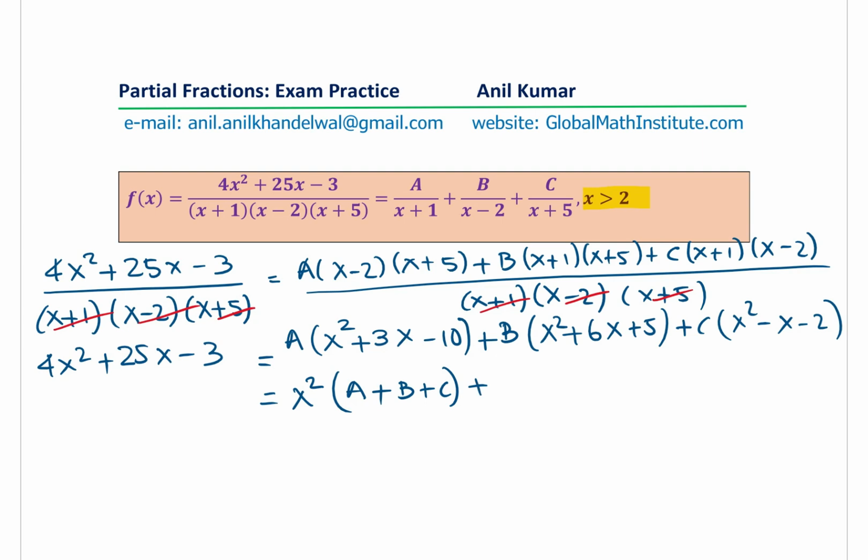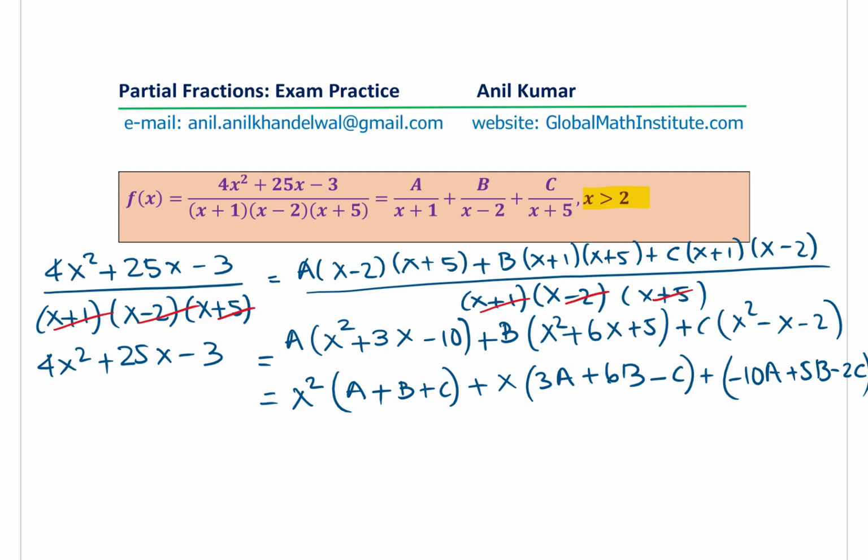Now with x you get 3a plus 6b minus c, and the constant terms which are minus 10a, 5b, and minus 2c. So that gives you three different equations, right?